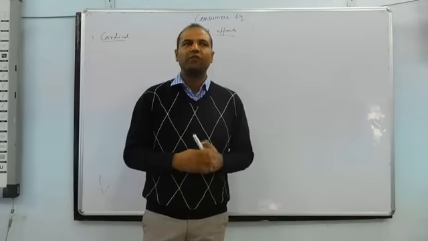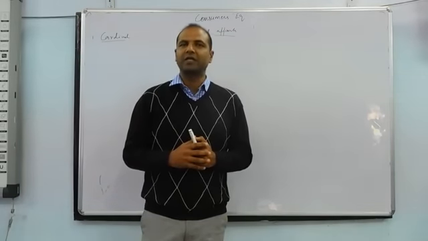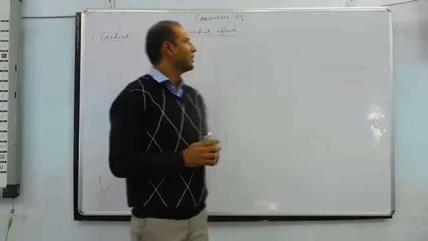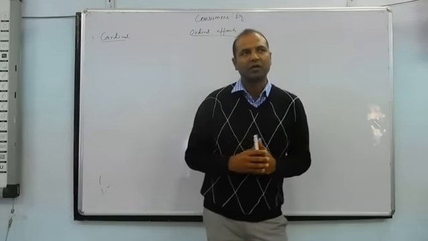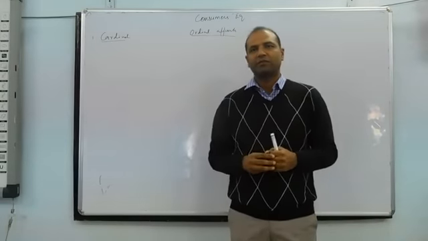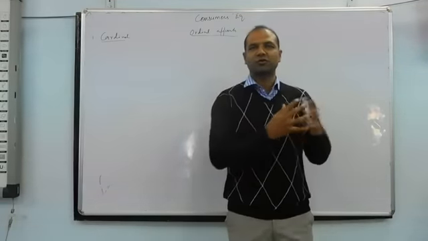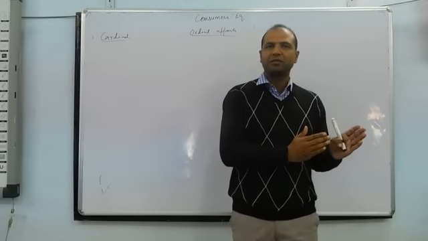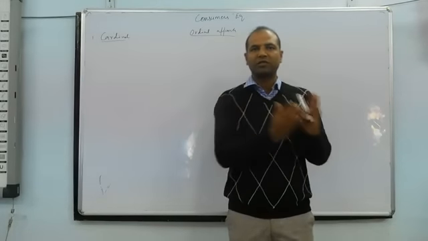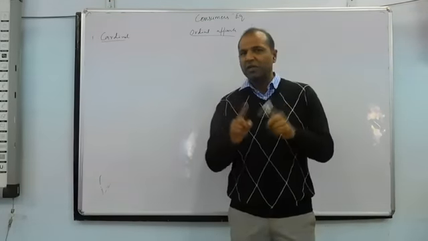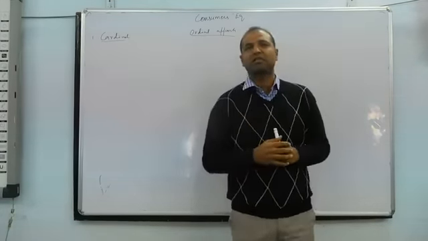I mean to say, we can measure utility numerically. In the ordinal approach, we assume that utility cannot be measured numerically. We can only compare which is better, which is good. If A is better than B, then B is worse than A. When we compare, it is the indifference curve.